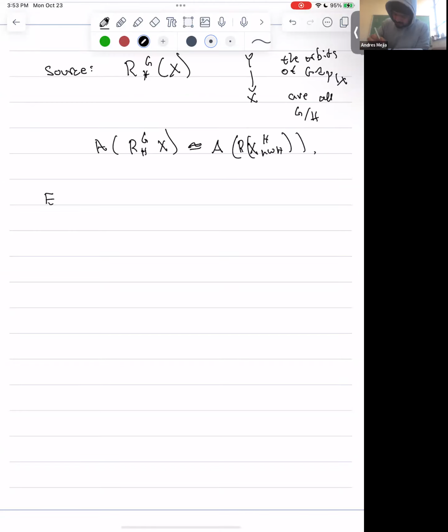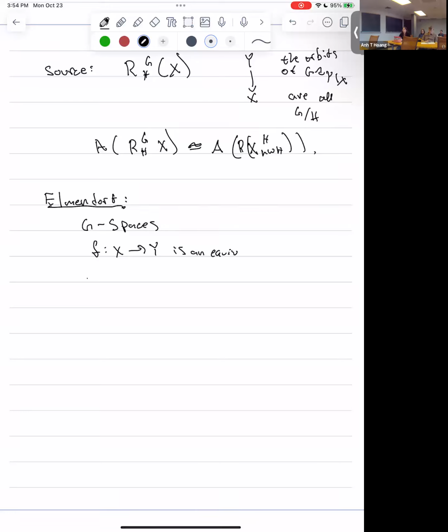So it's a classical theorem of Elmendorf that G spaces, where F from X to Y is an equivalence if it is an equivalence on fixed points for all H in G. That's basically a definition.